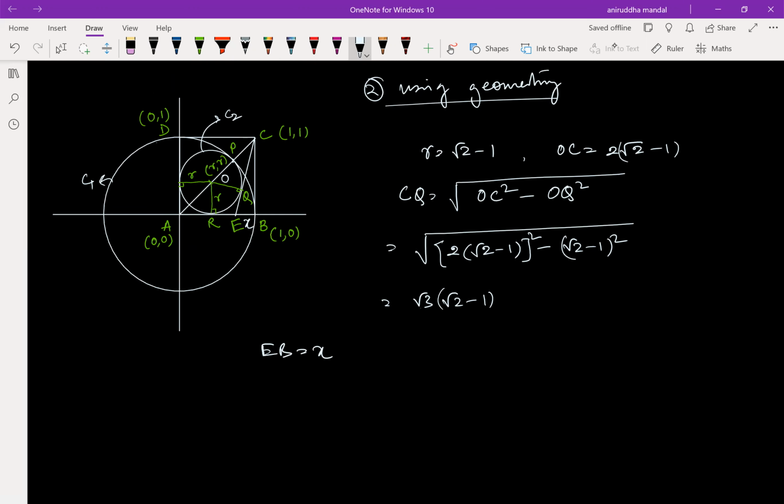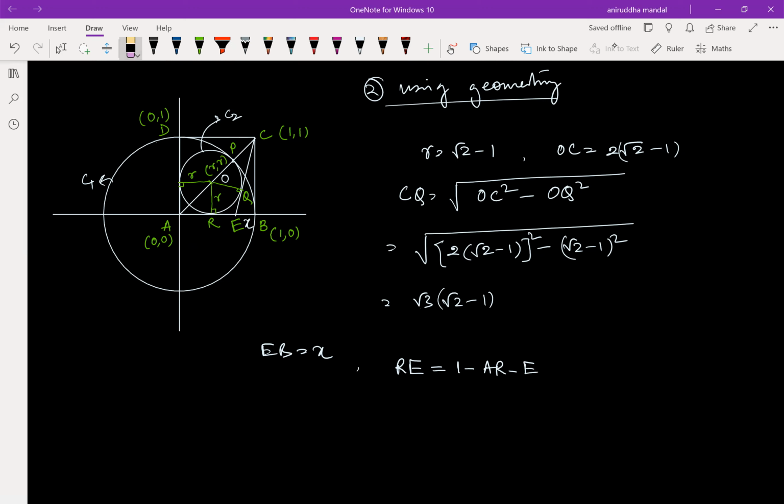Now from the length AB, AB is 1, so we can write RE equal to 1 minus AR minus EB.